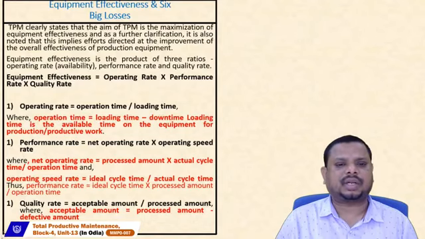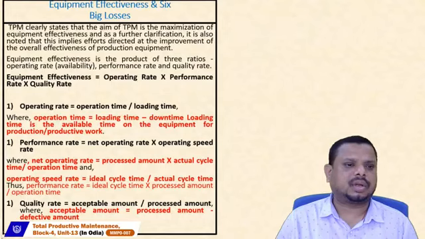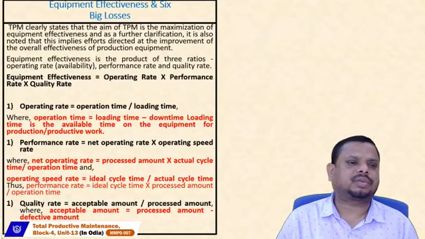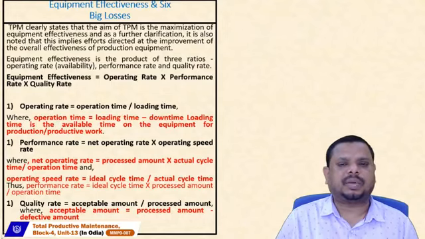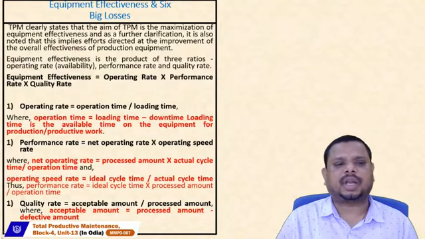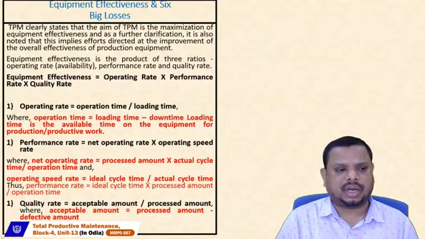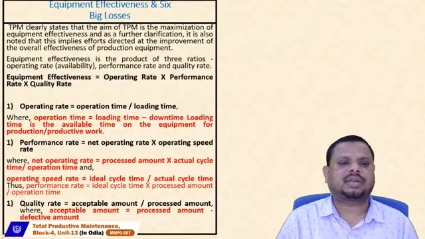It is also noted that it implies the effort directed at the improvement of the overall efficiency of the production equipment. So TPM basically maximizes the equipment effectiveness and improves the overall effectiveness of the production equipment. Equipment effectiveness is the product of 3 ratios.